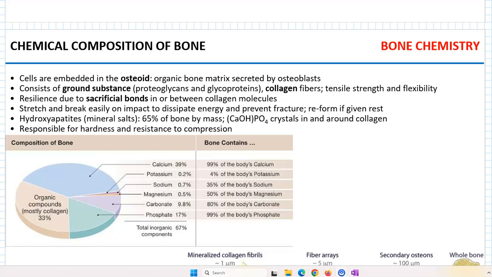So, again, let's talk about chemical composition. Structurally, in the bone, let's try to draw this.